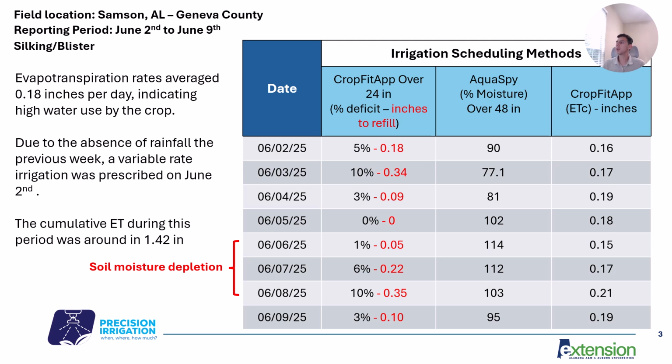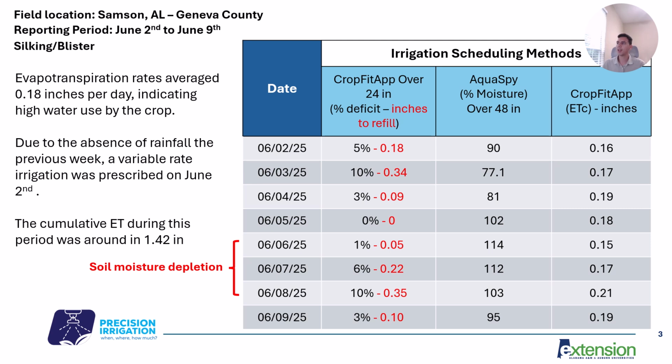And also the cumulative evapotranspiration during this period was around 1.42 inches. That is a high ET, and the reason could be the high temperatures that we recorded for this period. According to the Crofit app, over the 24 inches depth, we have a deficit that is going to decrease.